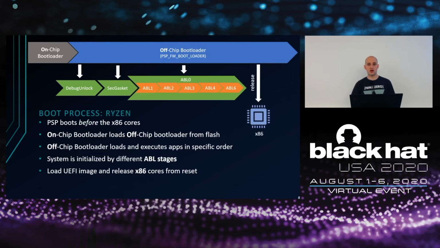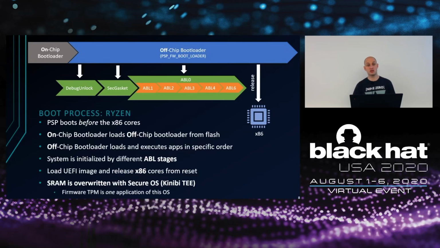Now, if we look at the Ryzen CPUs, the boot process is somewhat similar, except for the last step. When the x86 cores are released from reset, the PSP will overwrite its own SRAM memory with another operating system. And this is the secure OS, which is provided by Trustonic. It's a Kinibi TEE.